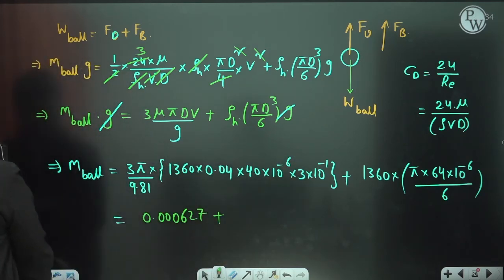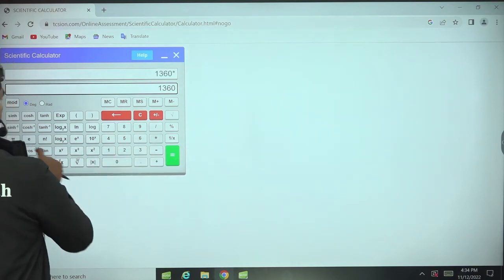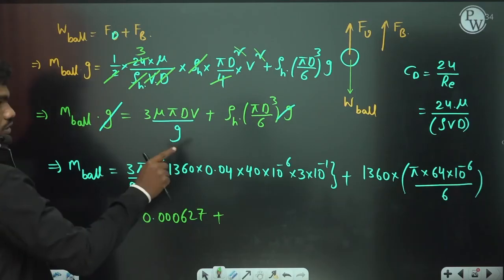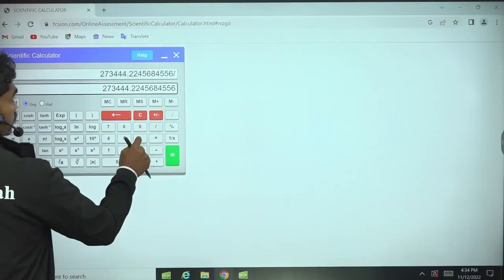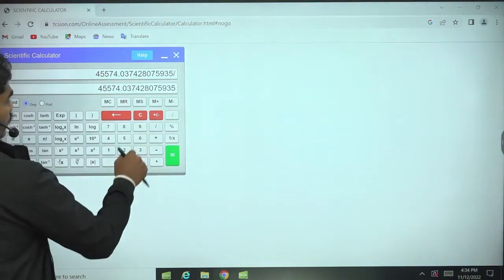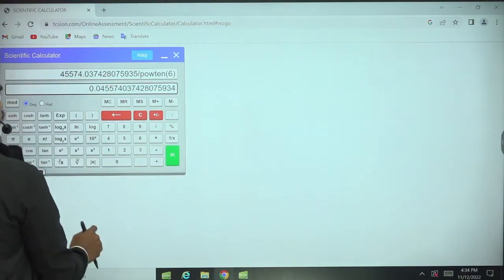Plus, let us see this value: 1360 into pi into 64 by 6, divided by 10 to the power 6. So 0.0455.